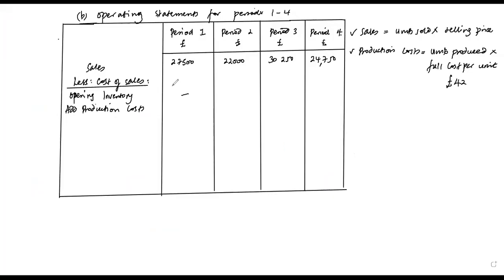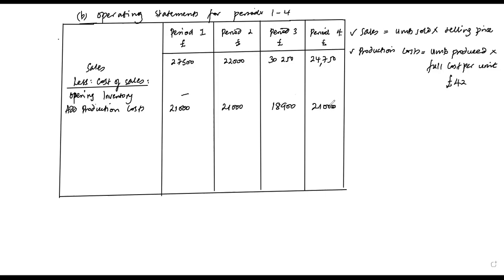So when you get the units produced times 42, in period 1, we get 21,000. Period 2, it is 21,000. Period 3, we have 18,900. Then period 4, we have 21,000.